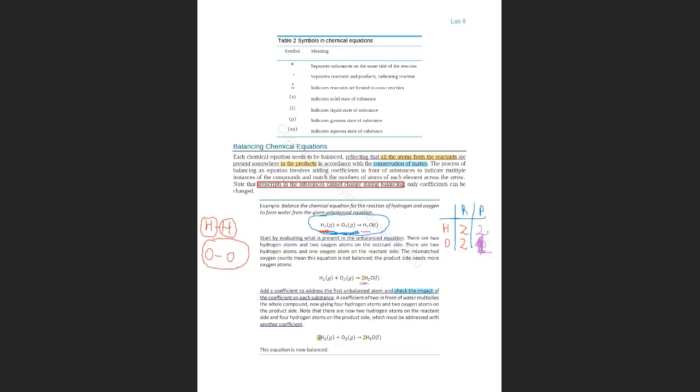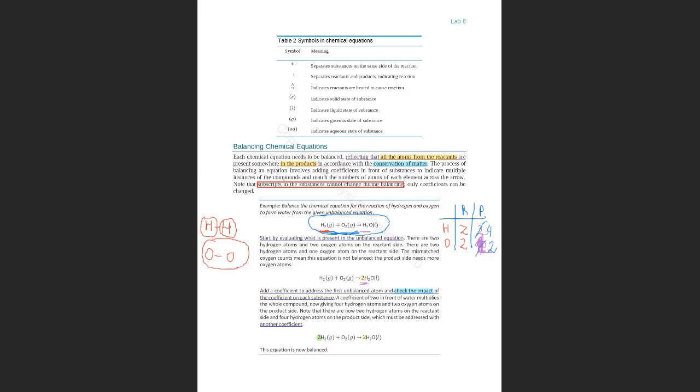How many hydrogens do I have now if I add a big coefficient 2? 2 multiplied by the subscript 2, I have 4. So once I add this coefficient, I have to scratch this on the product side and say now I have 4. And how many oxygens do I have? I have 2.